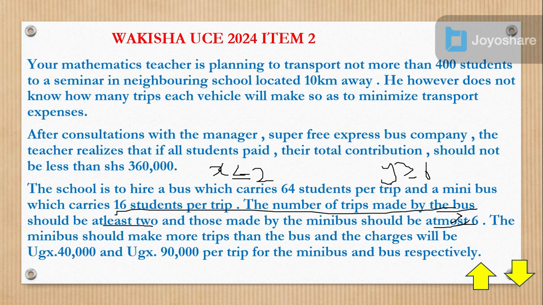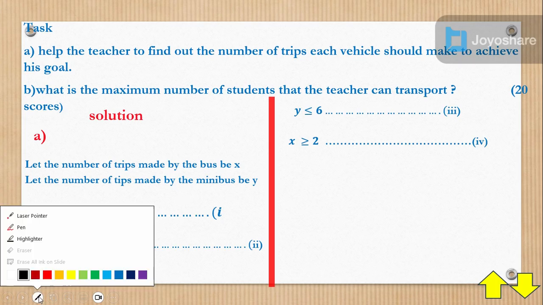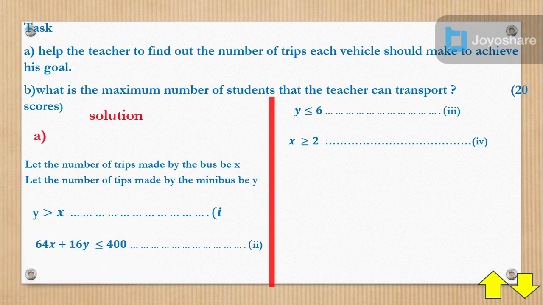Let's go and see that. So we have it here, Y less than or equal to 6 and X greater than or equal to 2. So here for this one here, it is at most. Here, this one here, less than or equal.